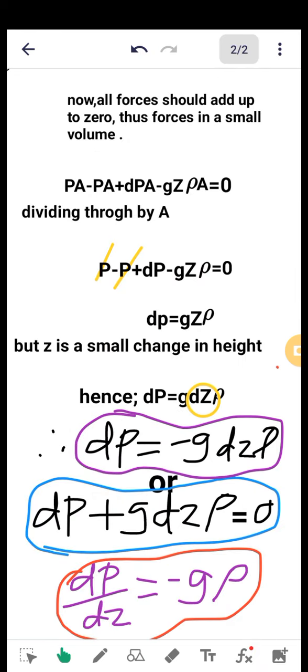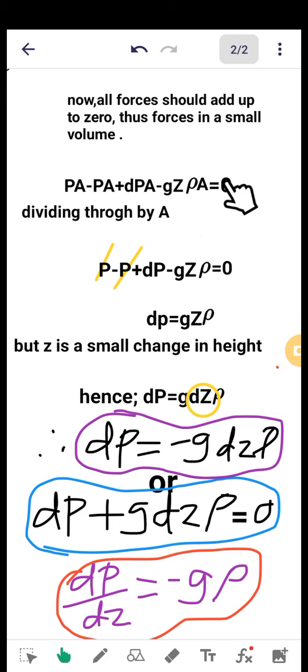Now all forces should add up to 0. That's force in a small volume. So from our previous one, we saw that the first pressure was this, then this was the pressure due to the fluid.